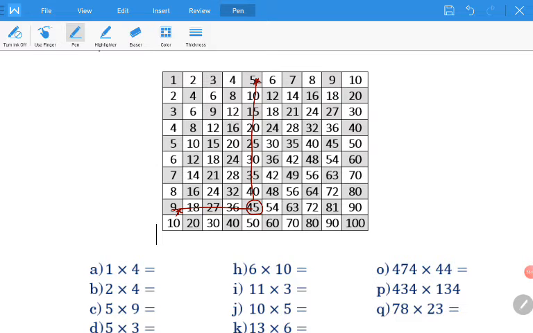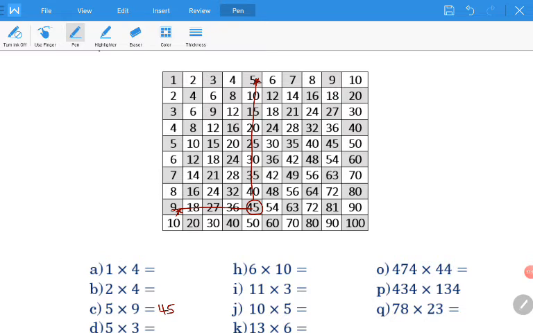So 5 times 9 is equal to 45. If we say 9 plus 9 plus 9 plus 9 plus 9, we get the same answer. Or even if we say 5 plus 5 nine times, we will get 45.